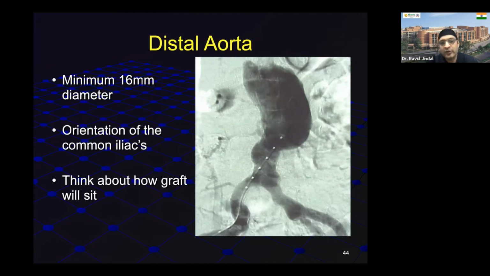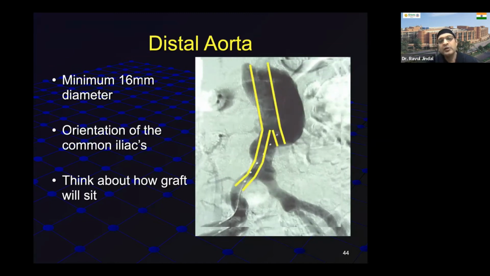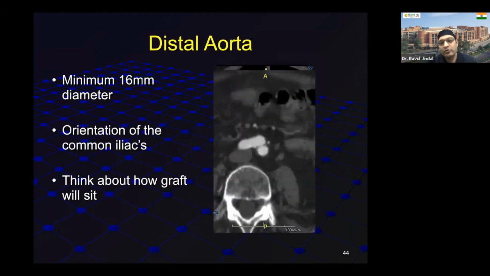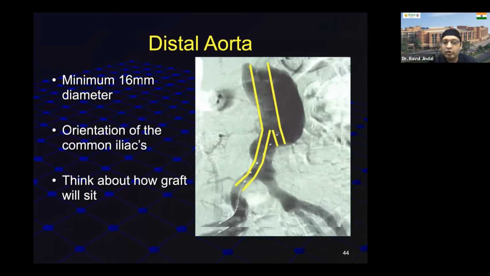Let's say if you take the main body through the right side, the distal part of the opposite limb will land up into the aneurysm like this. And let's say if you put this device in the opposite way, then the distal part would have landed up into the lower part of the aorta.